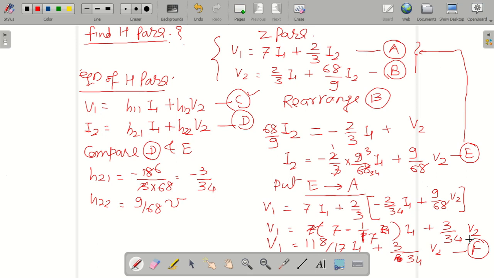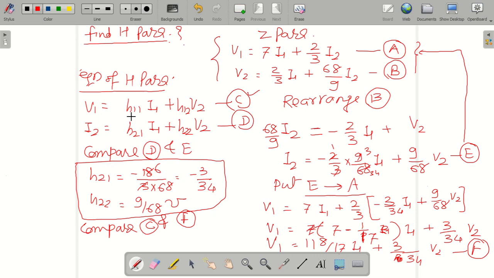Equation number F. Okay. So earlier I got these two equations. ये पहले आ गया था. Okay. And we got, now compare with C and F. If you compare C and F, H11 is what? H11 118 upon 17.